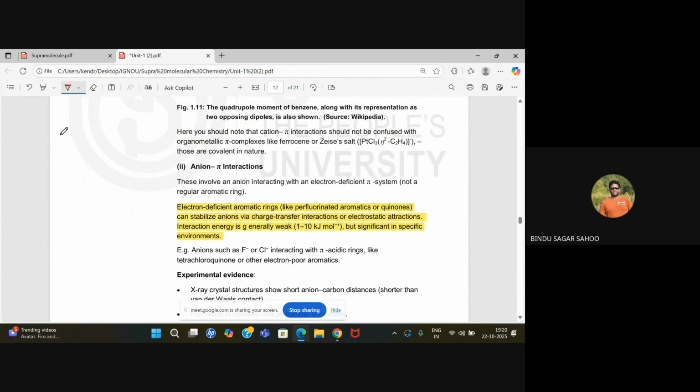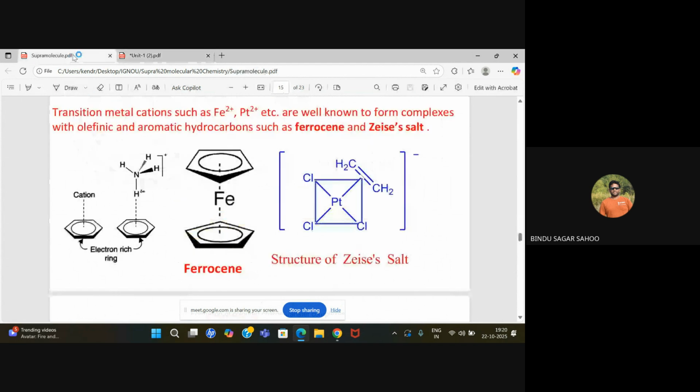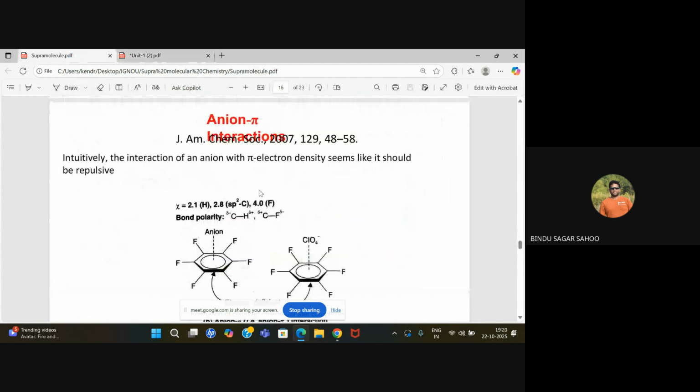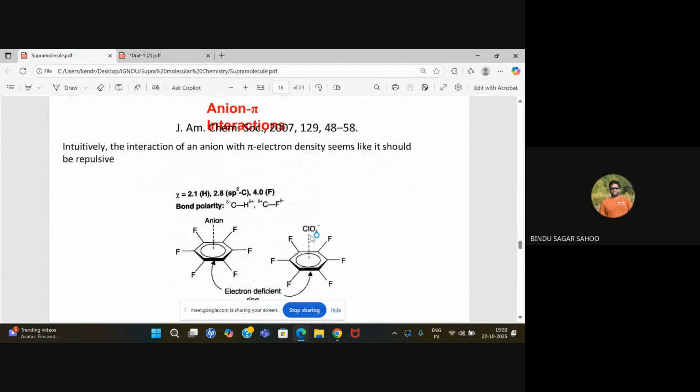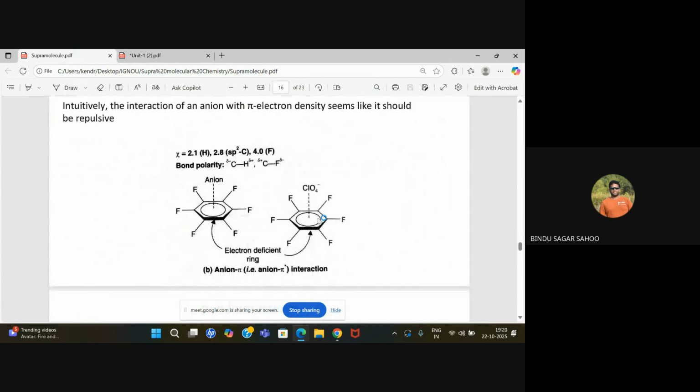So you can see here this anion pi interaction compound, just like a perchlorate compound, ClO4 minus, and here we are taking this cyclic ring, hexa substituted fluorine benzene. These fluorine atoms will withdraw the pi electron density towards themselves.